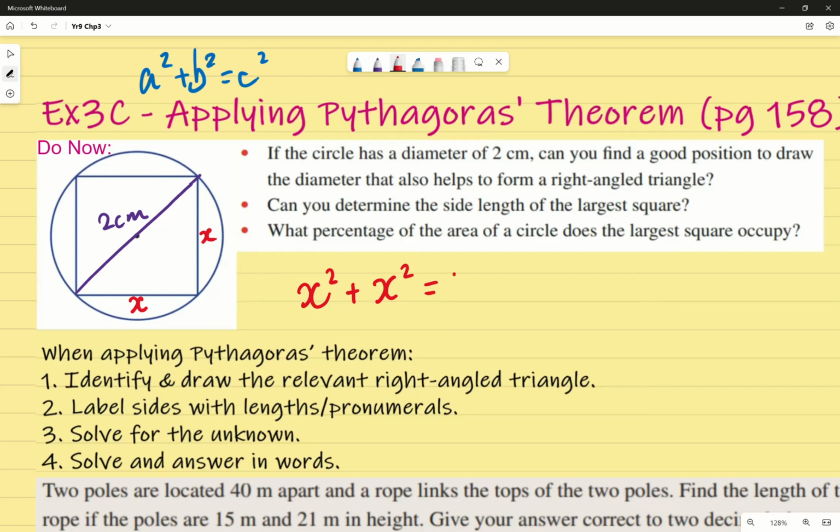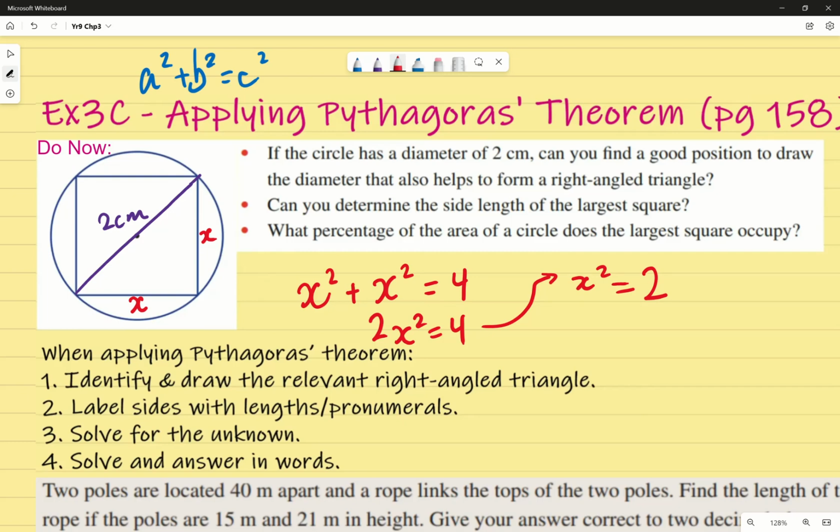I'm just going to straight up write 4. Now, we can do what we did last lesson again and say, well, x squared plus x squared is 2x squared, which still equals 4. And then I could divide both sides by 2, end up with x squared equals 2.